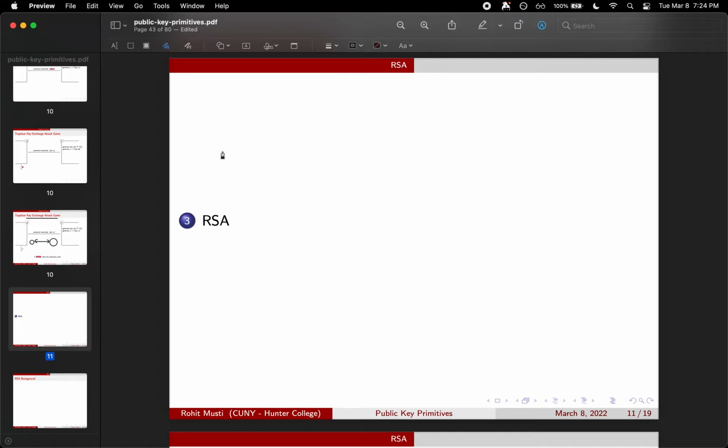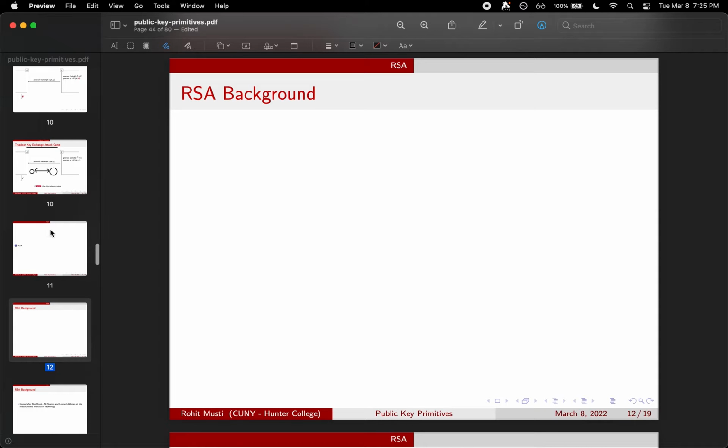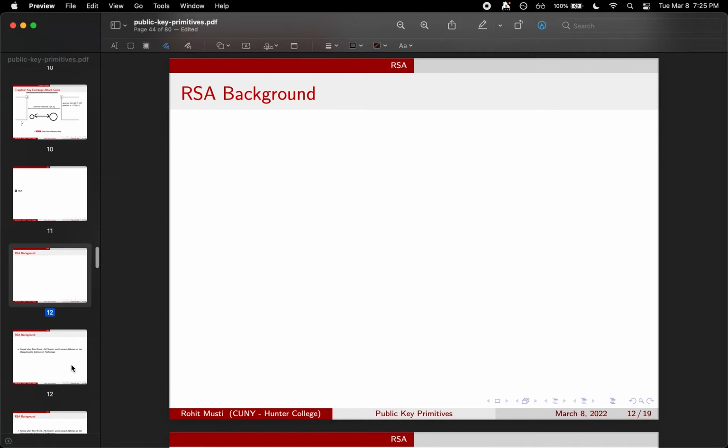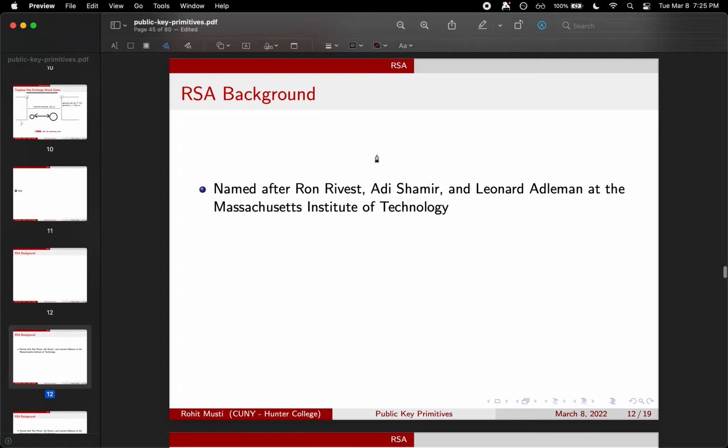So let's talk about some actual implementations of security and an actual use of trapdoor functions. First, we know RSA. I love history. I think history as a part of computing is something important. So let's talk a little bit about that.